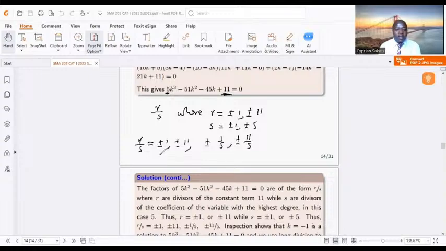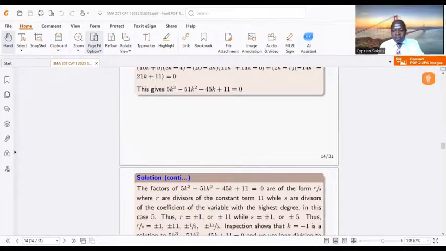So these are the likelihoods. So again, we use inspection. We try positive 1, try negative 1, try positive 11, try negative 11. So you try until you get one. Once you get one that is a root, use long division.